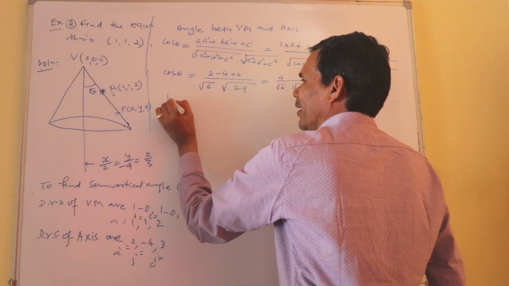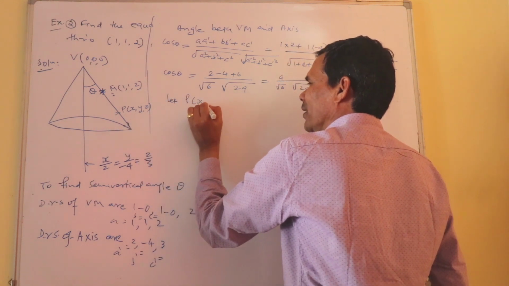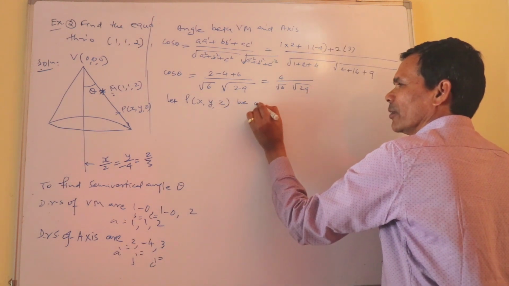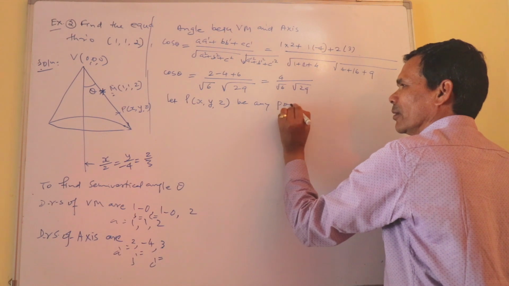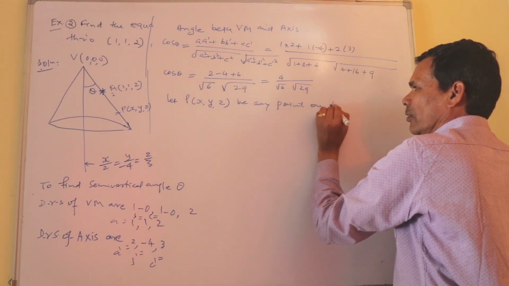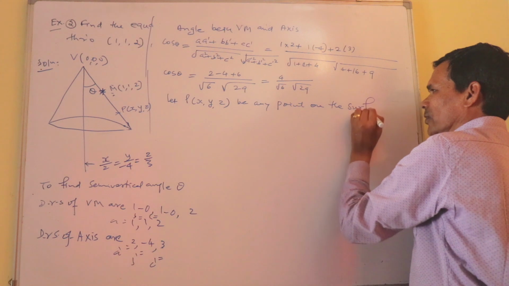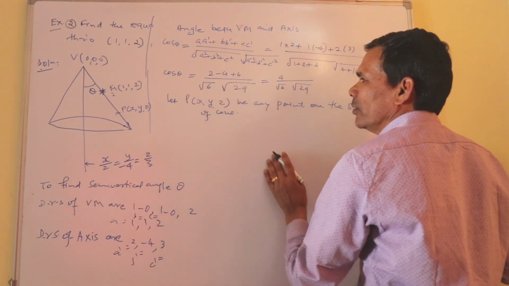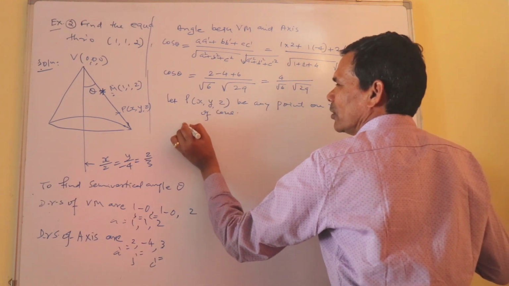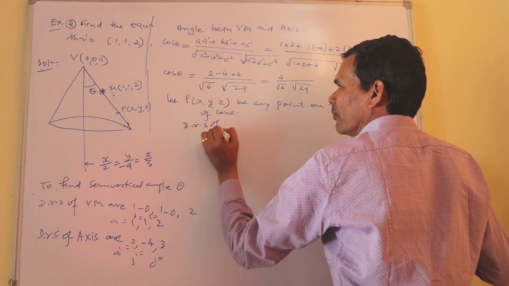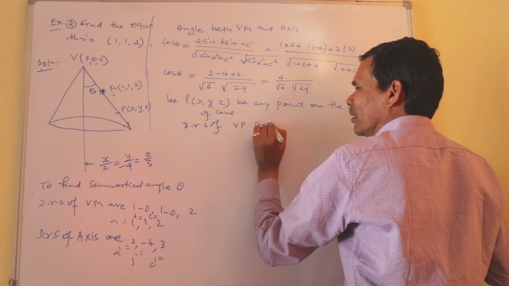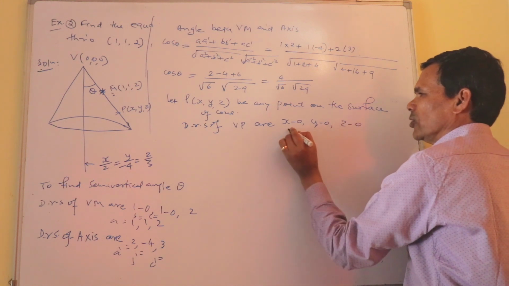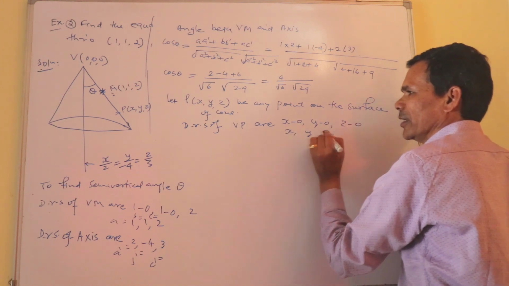Let P(x, y, z) be any point on the surface of the right circular cone, to find the equation. The direction ratios of VP are x minus 0, y minus 0, z minus 0, which means x, y and z.